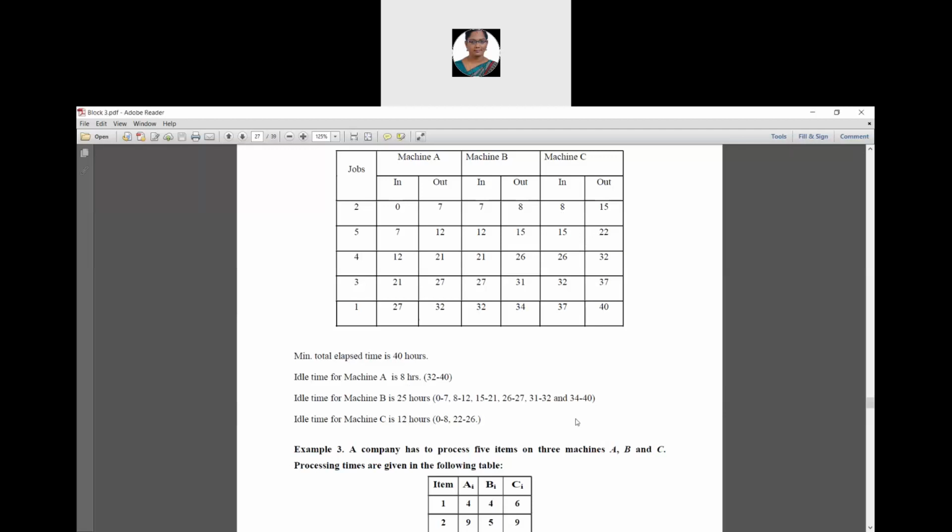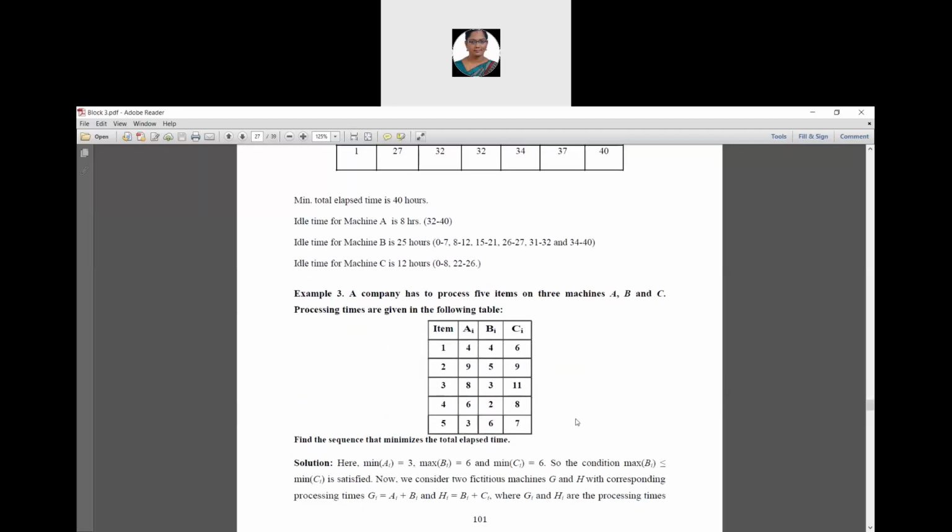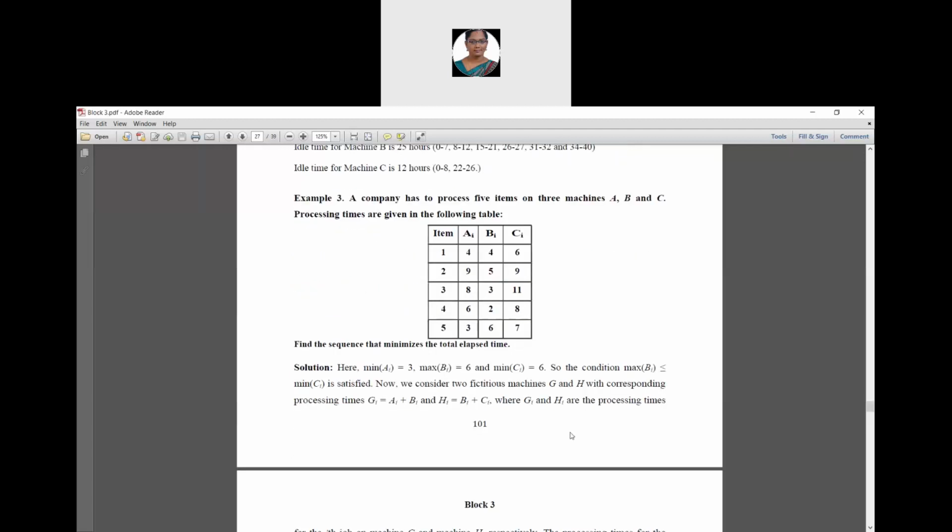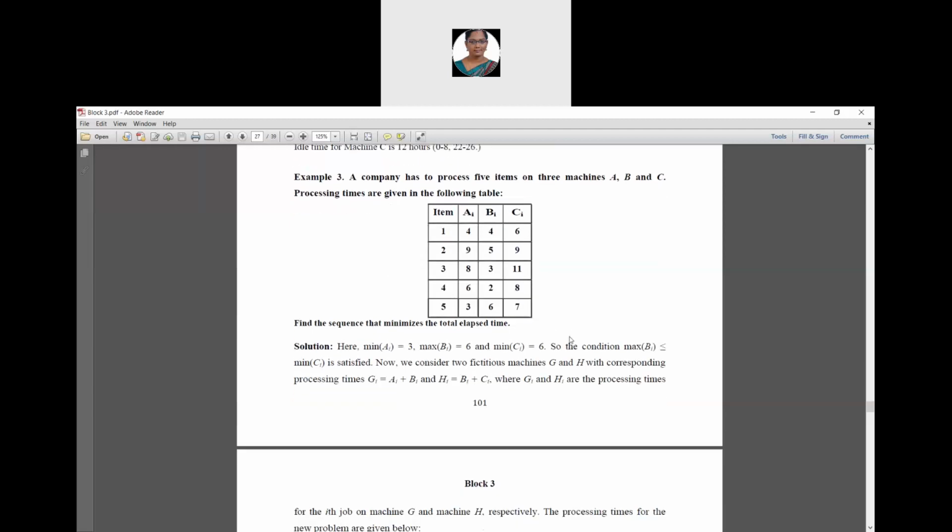Okay. So moving on to the next problem. A company has to process 5 items on 3 machines A, B and C. Processing times are given in the following table. We have to find the sequence that minimizes the total elapsed time.